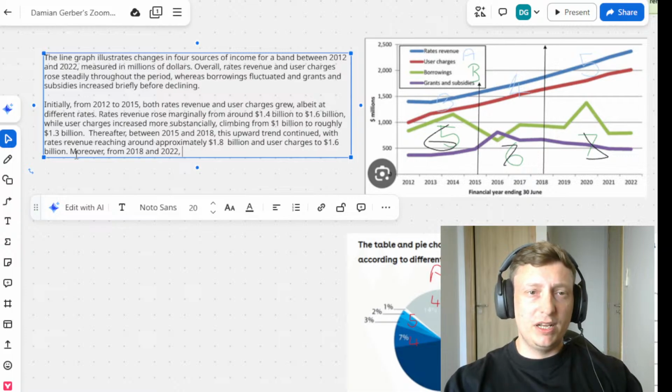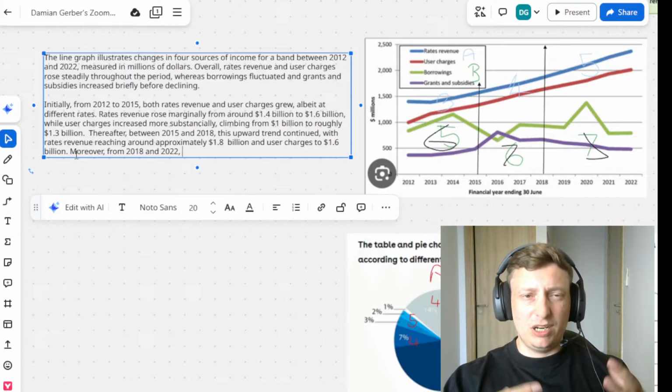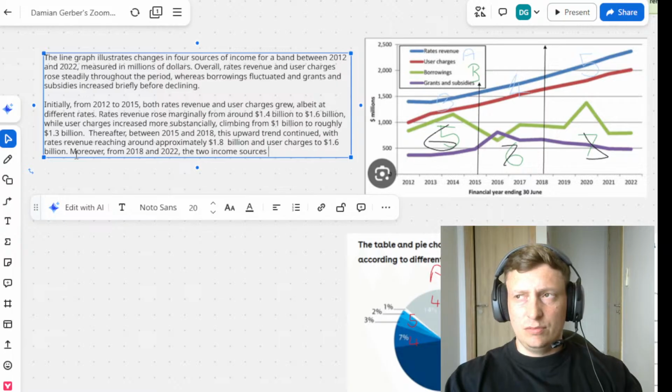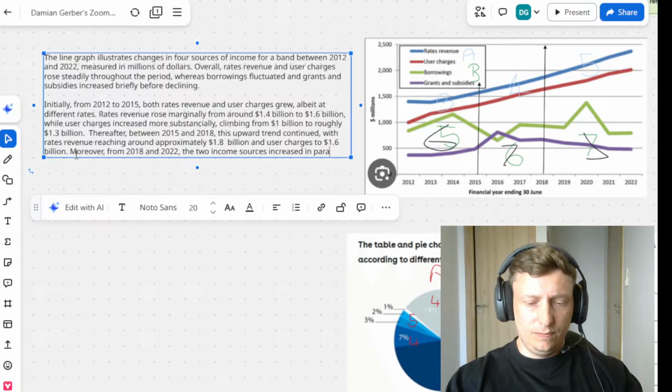Okay, let's see. So we've already mentioned that they increased in an upward trend. So we want to say that this continued, but we can't really use the same language. So let's think of a different way. So let's say the two income sources rose, we always rose, right? Increased in, let's go with parallel.